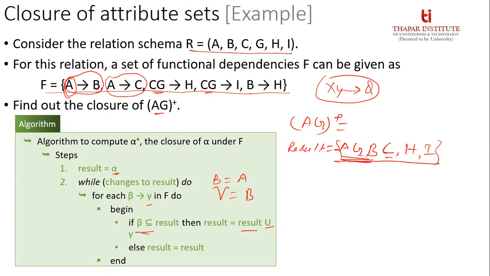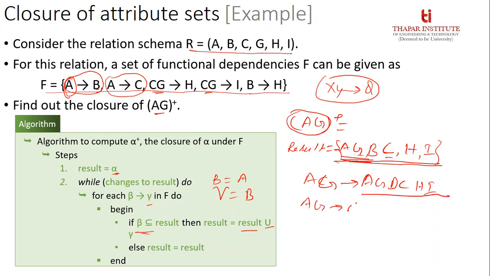So you can see AG is the set of attributes that determines all these attributes. If the closure set of AG contains all these attributes, then you can make the dependency with AG, like AG determines B, C, H, I. Every attribute in this set will be identified with this AG.